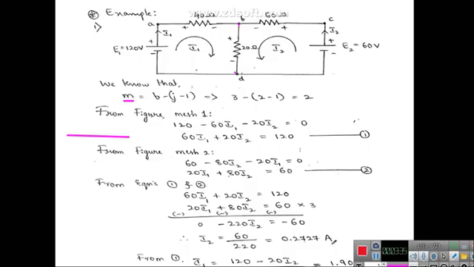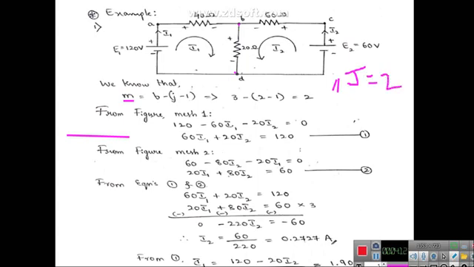So by looking at this network, the number of junction points j is equal to 2, and once you find the junction points, you can go for the number of branches.